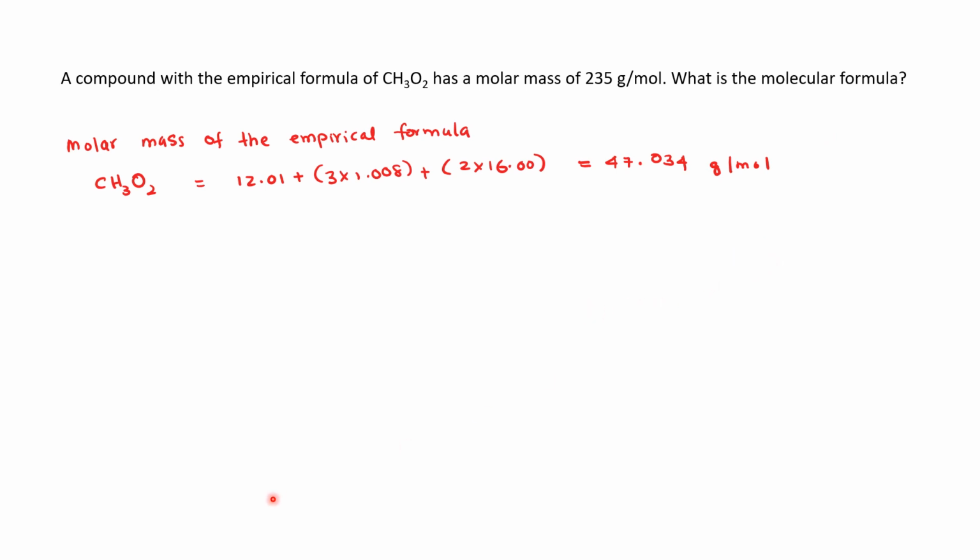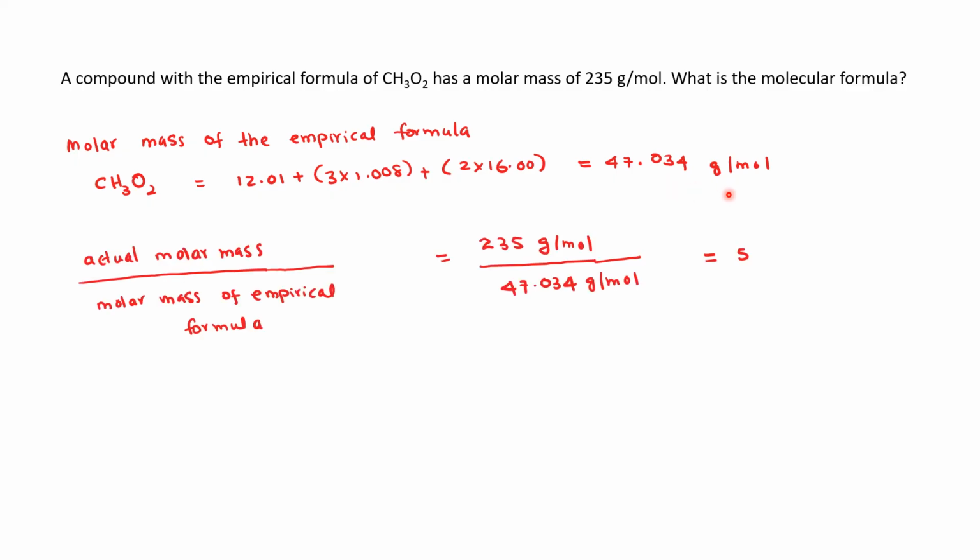First thing we are going to do is to find out the molar mass of the empirical formula. It has 1 carbon, 3 hydrogens and 2 oxygens. So the mass of the empirical formula is 47.034 grams per mole.